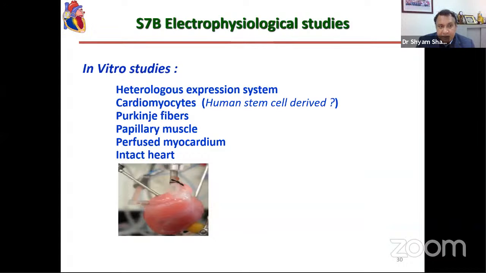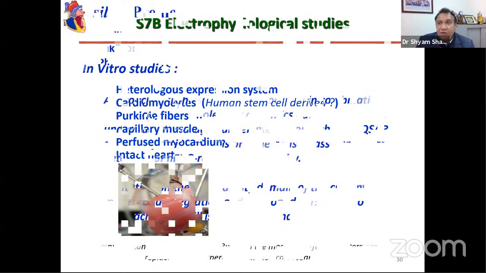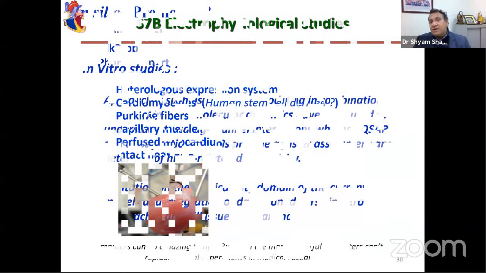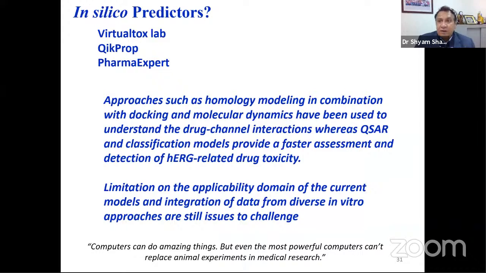Purkinje fibers, papillary muscles, perfused myocardium, intact heart can be used. Even many computer modeling people, software engineers, are developing in silico methods.